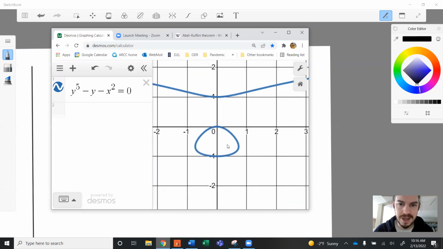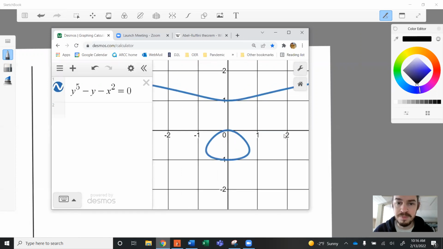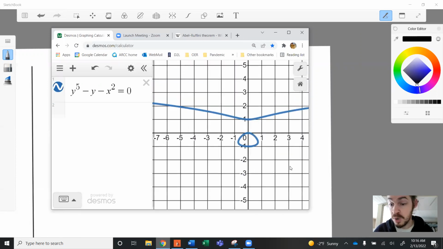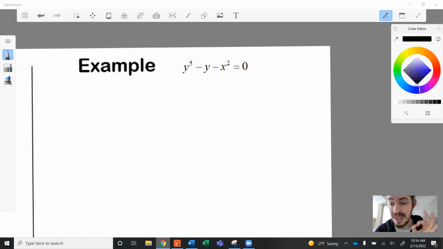It has a part down here, and a part up here. But these 2 parts are both smooth. They're continuous individually, and so you can find tangent lines to them, right? So the idea of a derivative should still work. It's just that we need to apply an implicit differentiation strategy.